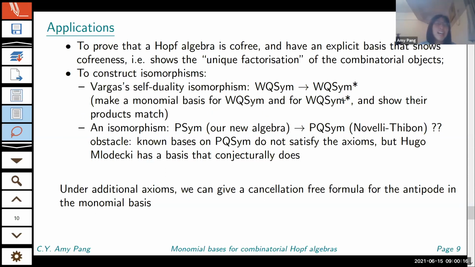That's super nice, and I would really like to use that to make an isomorphism between our new parking tree algebra and the parking functions Hopf algebra of Novelli and Thibon, because we know from an abstract theorem that they should be isomorphic, but we don't know an explicit map. If we can make a monomial basis in PQSym and check that they match, then we would have an isomorphism. Okay, I'm going to stop there, and you can chase me down if you want to know the various details.